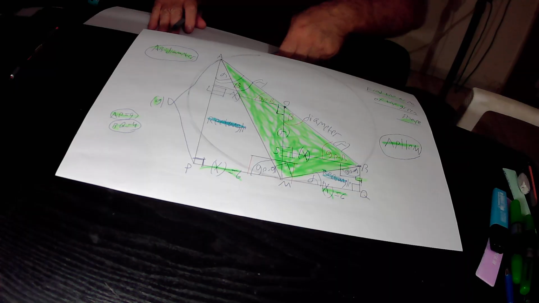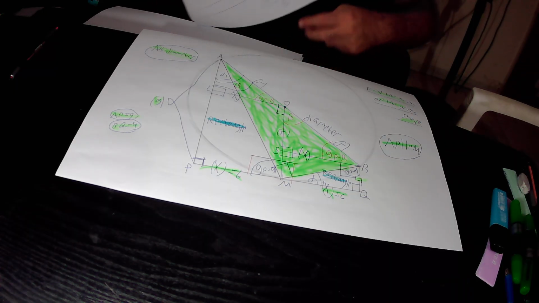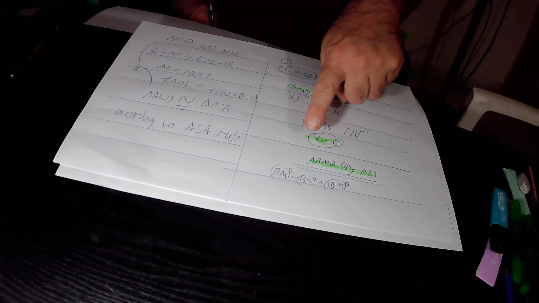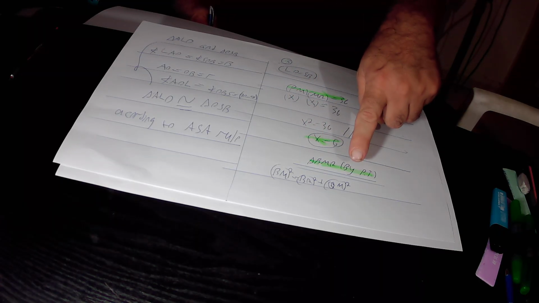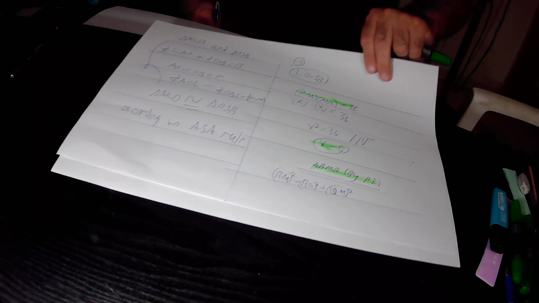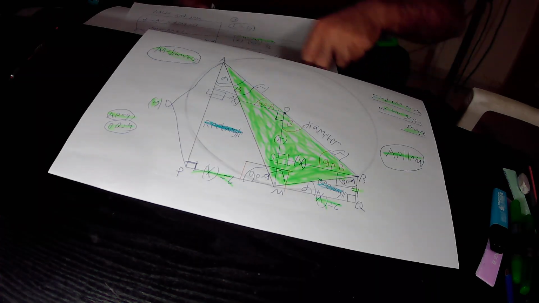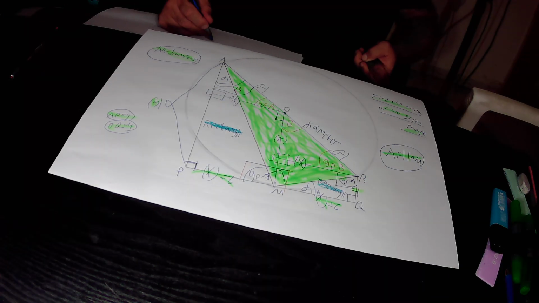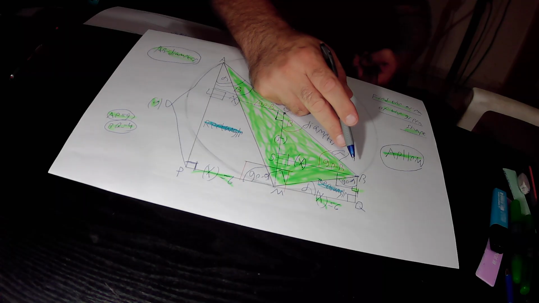And again in the right triangle BMQ, according to the Pythagoras theorem, the square of the hypotenuse equals BQ squared plus QM squared. BM is the missing side, so it is BM squared equals BQ squared. BQ is 4, therefore BQ squared is 4 squared, that is 16, plus QM squared.